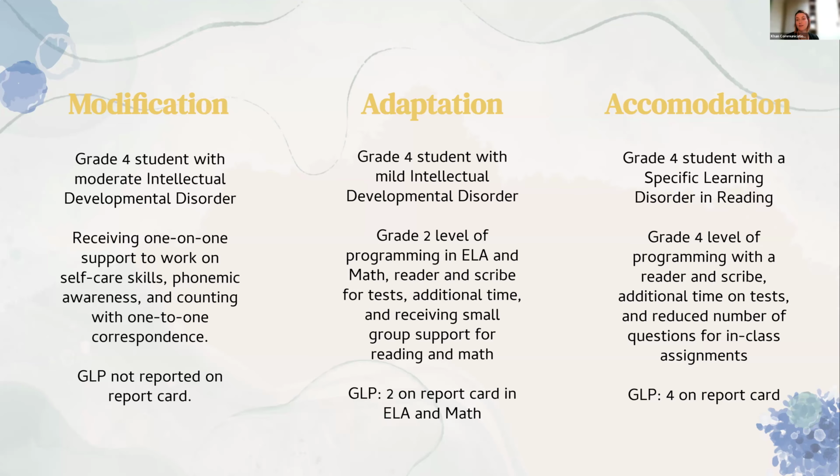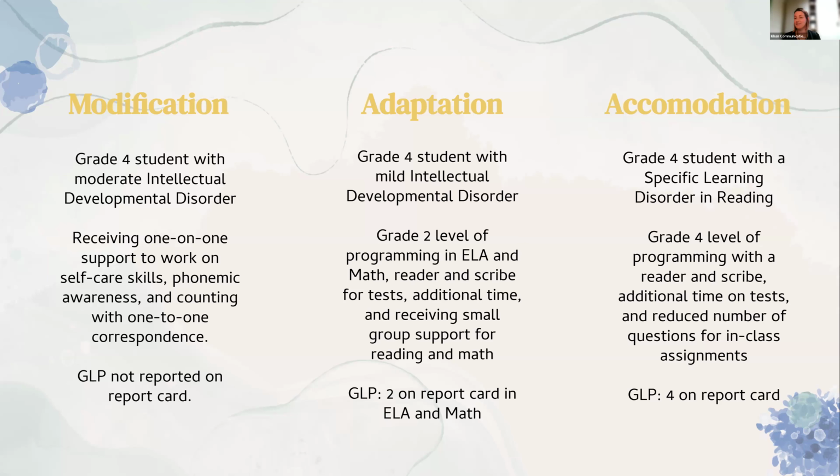So you could see a grade 4 student, for example, who has a specific learning disorder. So that may not necessarily be a difference in IQ, but their reading is very challenging. They might still be evaluated at a grade 4 level, but that evaluation would happen with the use of a reader and scribe. They would get to use spell checker, for example, or get additional time on tests.